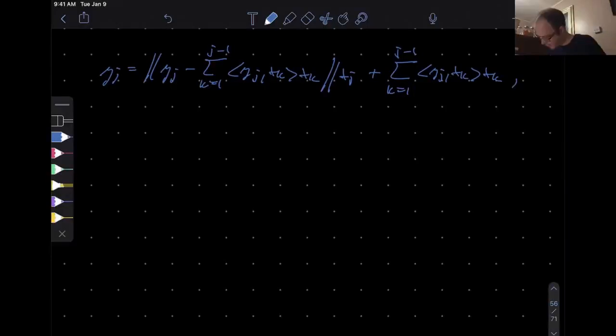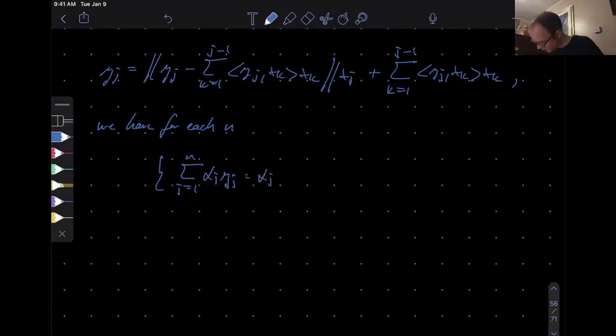For each n, if you now look at the set of linear combinations of the y_j's, sum of alpha_j y_j, say alpha_j in your scalar field, either real or complex number field.